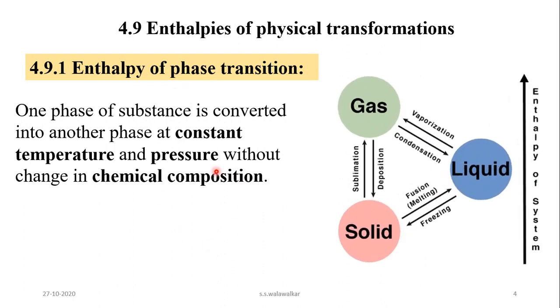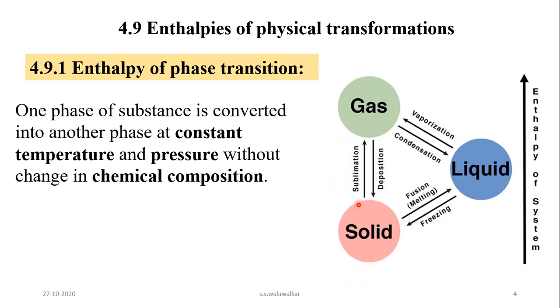So here solid is in equilibrium with its liquid. When solid gets converted into liquid, that process is called fusion, and the reverse of this is freezing. Like that, liquid is converted into gas, that is called vaporization, and the reverse of that is called condensation. Solid is converted into gas, that is called sublimation, but the reverse of this is called deposition.